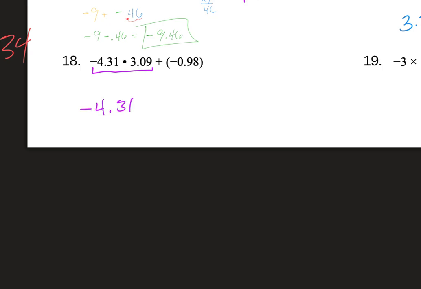18's a little annoying because we're going to have to multiply these. So either grab yourself a calculator or do the work. Whichever you're going to do, go for it. 9 times 1 is 9, 9 times 3 is 27, 9 times 4 is 36, plus 2 is 38. We're done with the 9. We're going to have a placeholder when we're multiplying by 10, but our 10 is 0, so I'm not even going to do that.